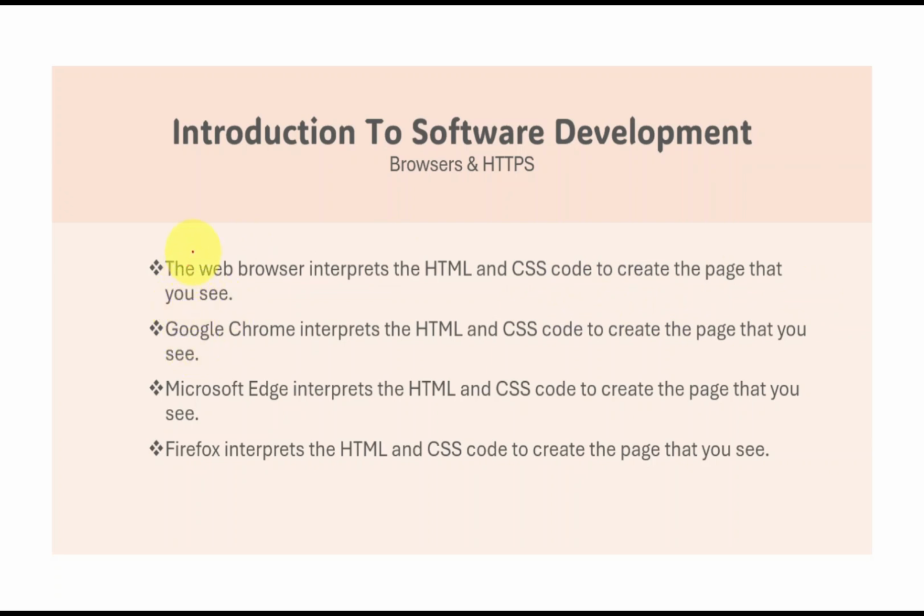So the Google Chrome interprets the HTML and the CSS code to create the web page that you see. Microsoft Edge interprets the HTML and the CSS code to create the page that you see. I put it like this, that way you have an idea.